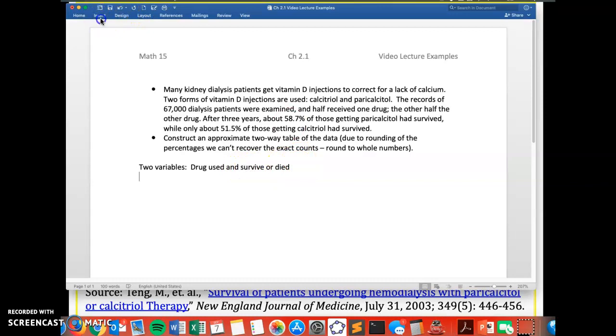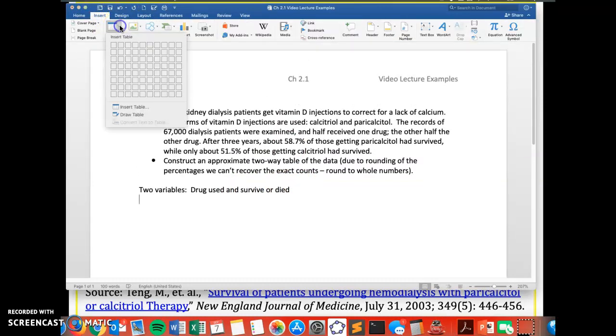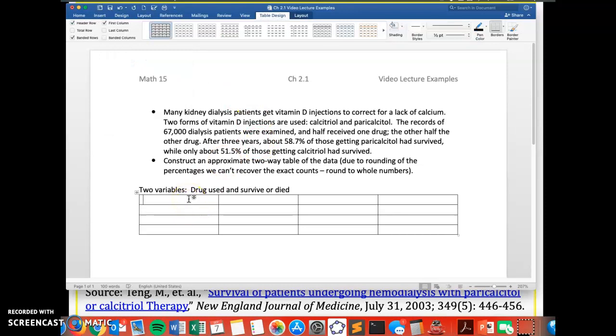So I'm going to create a table inside here. And I would need 2 by 2 to just show the variables. But what I want to do is make this a 4 by 4, because I want to make a total column and a total row at the bottom, so a grand total.